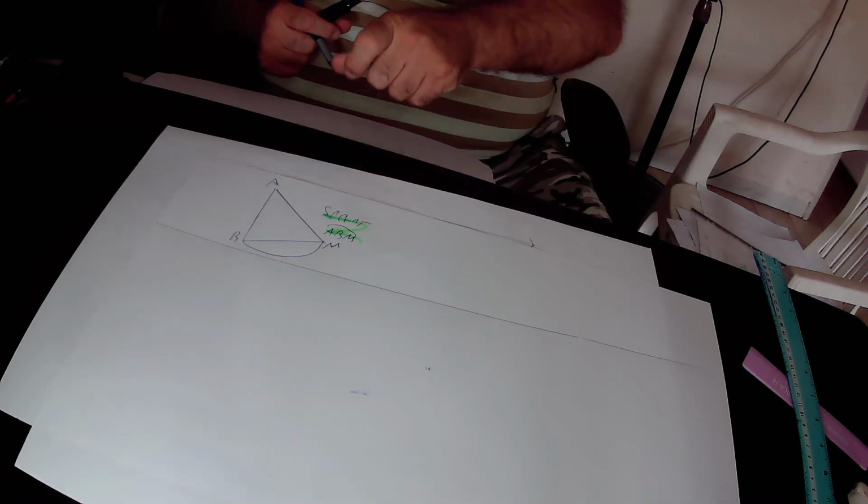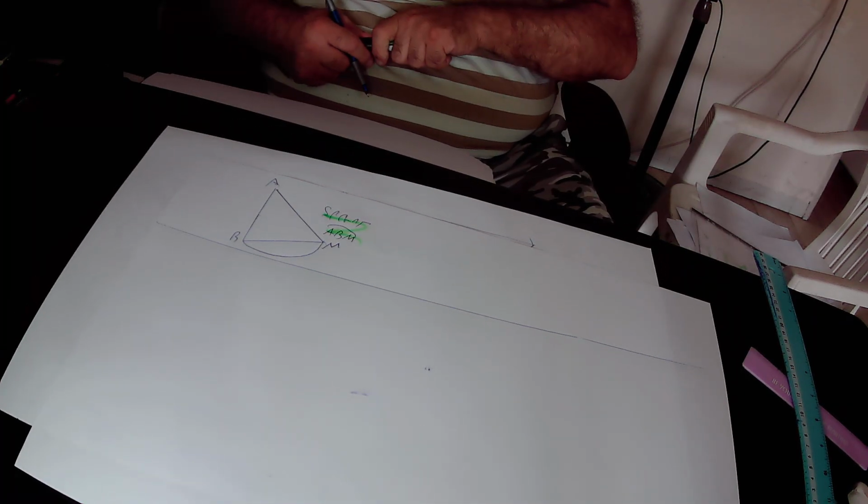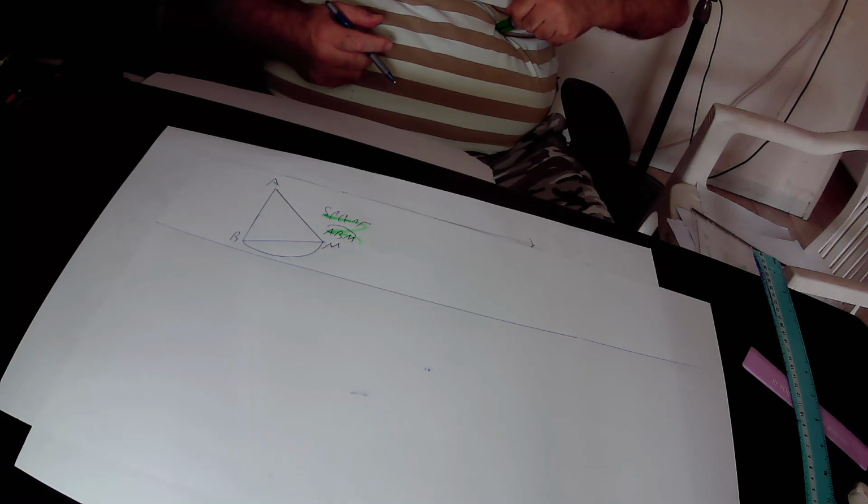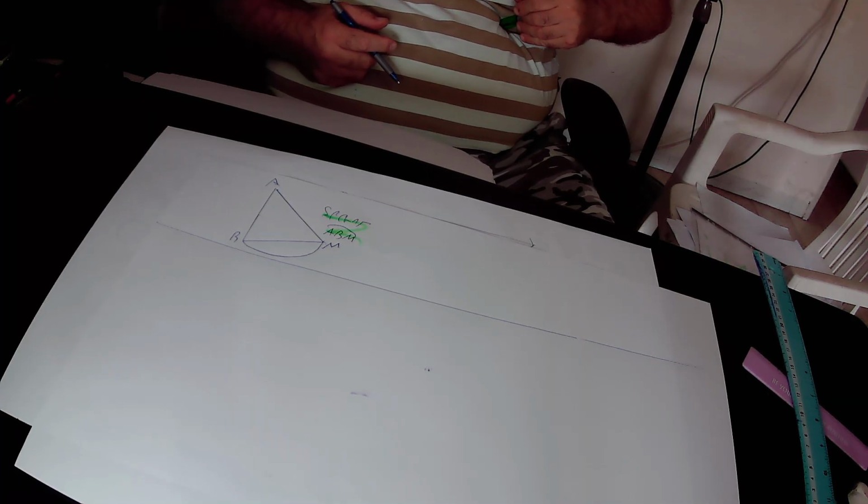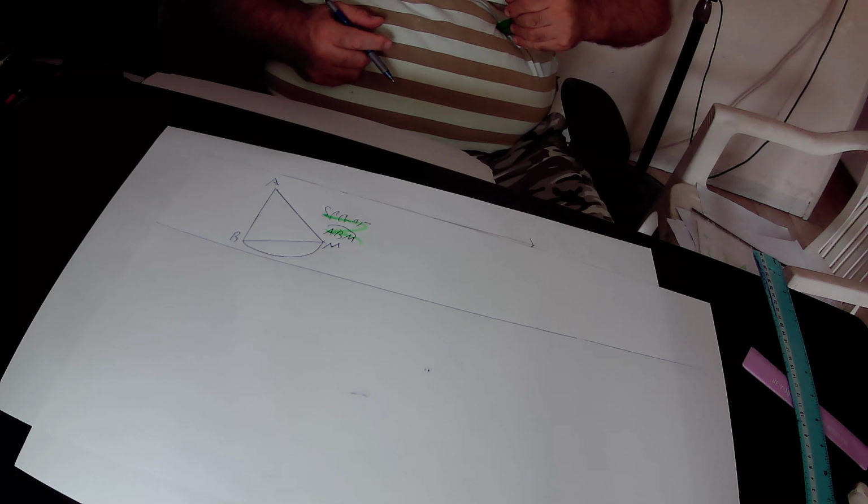This is sector ABM that is coming from the original drawing. So, first of all, what is a sector? A sector is a portion of a circle enclosed by two radii and the arc between them.